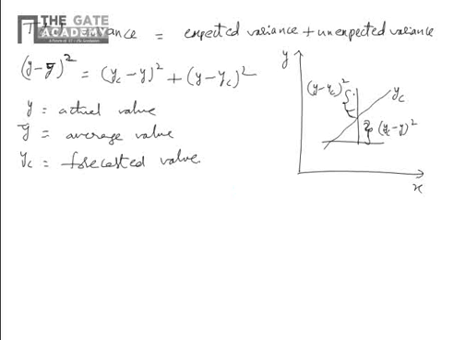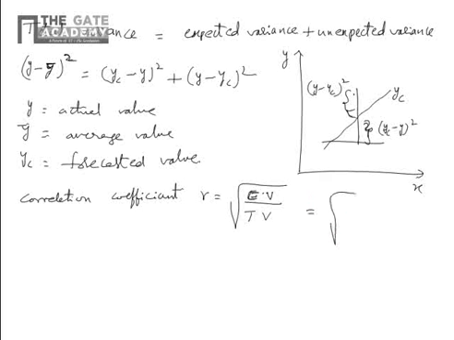So to check whether the x and y variables are chosen correctly or not, we use the correlation coefficient. R equals explained variance by total variance, that is equal to yc minus y bar whole square divided by y minus y bar whole square.